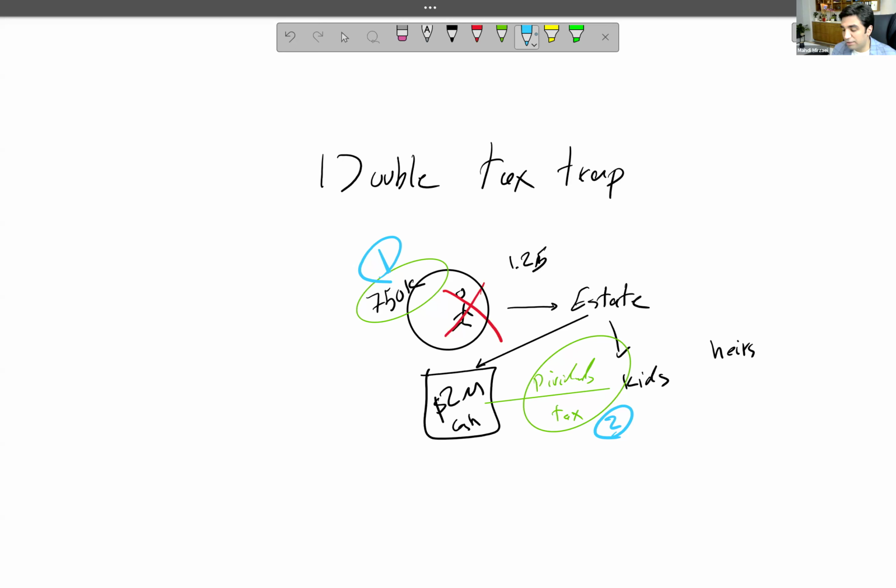Because if the person passes away, the whole money inside the corporation will be taxed twice, as I explained here. If you don't feel comfortable with this part, it's okay. We're going to explain it in the estate and final tax. So, are we good so far?